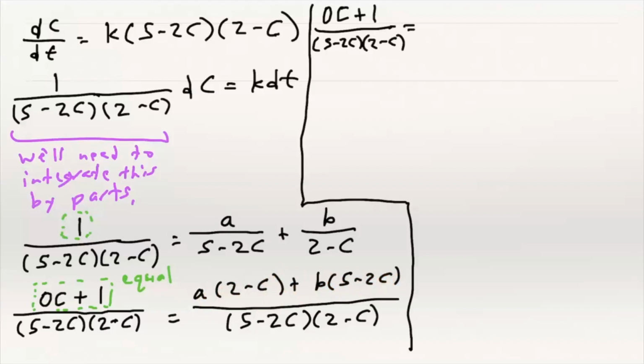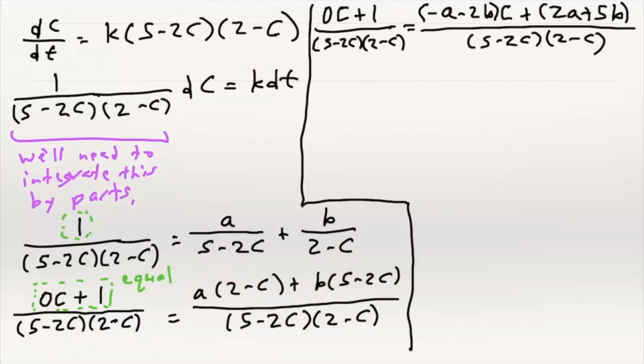We'll gather the c's together. So the coefficient of c will have a minus ac minus 2bc. Factor out the c. And then the constant part, that's 2a plus 5b. And now we equate coefficients.